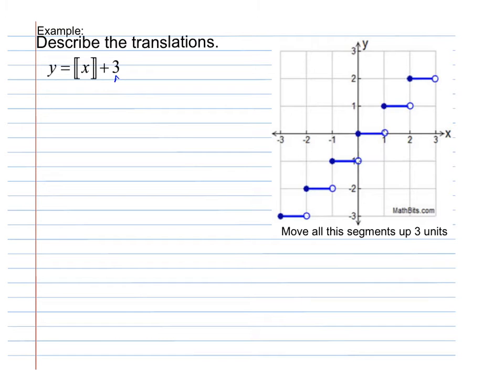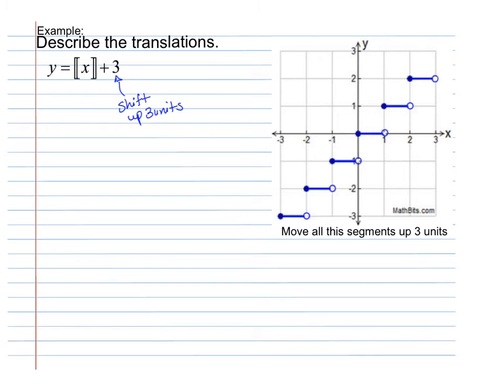So for this problem, this 3 right here tells me it's going to shift the step function up 3 units. So if we start on the bottom left and we shift this step function up 3 units, that would be 1, 2, 3.